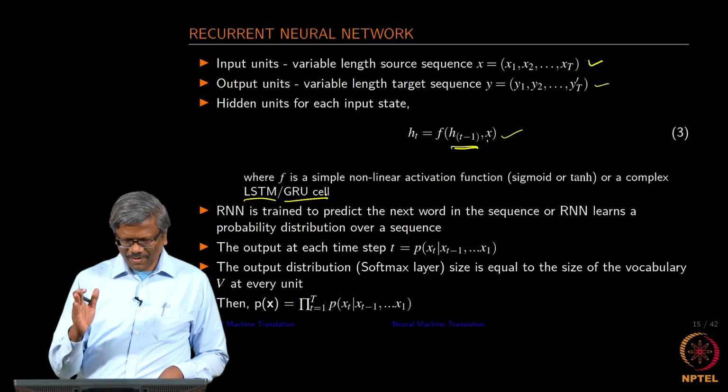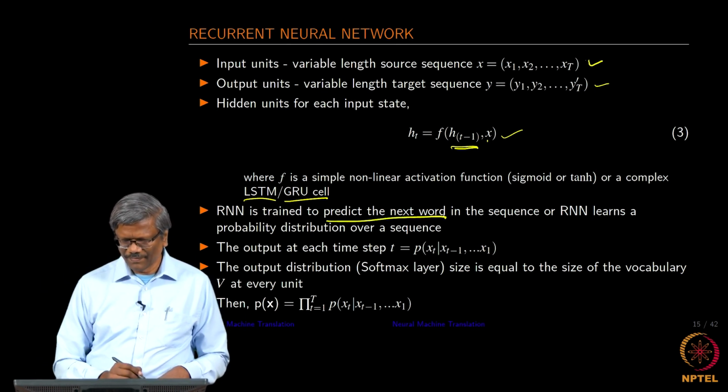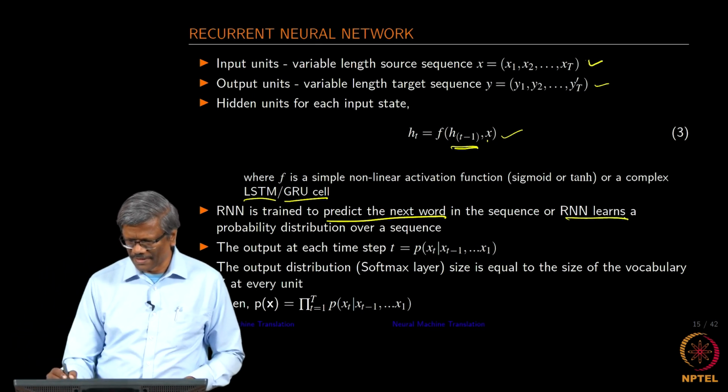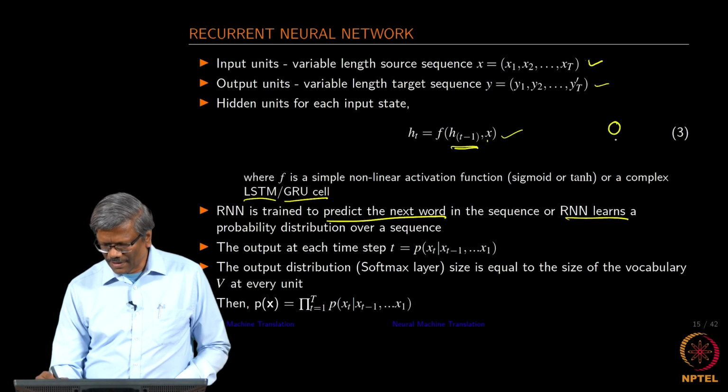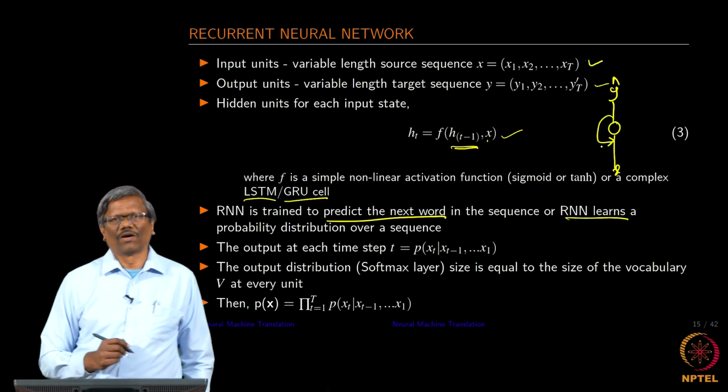Every box is trained to predict the next word in the sequence, and then it learns the probability distribution. For example, given a single layered one, let me use this as y hat. This is our RNN.